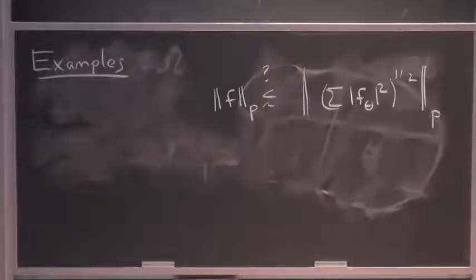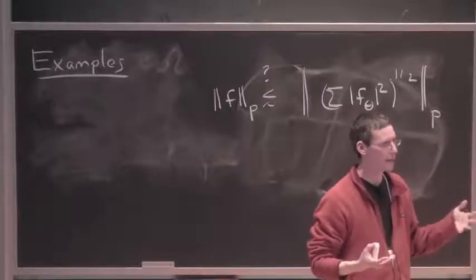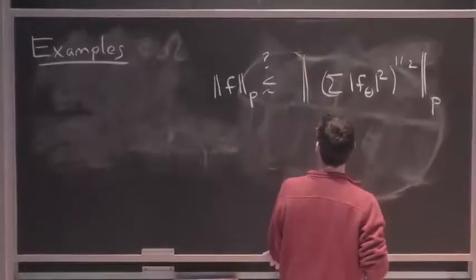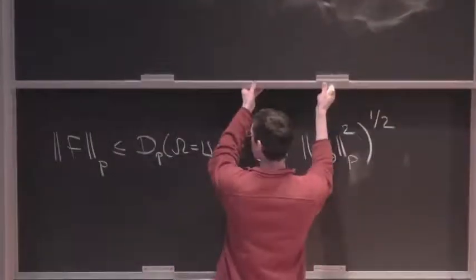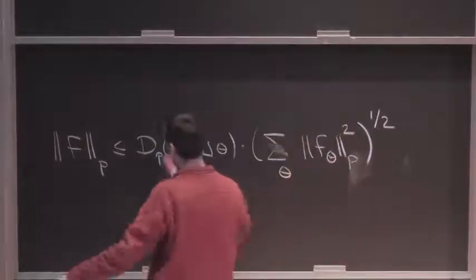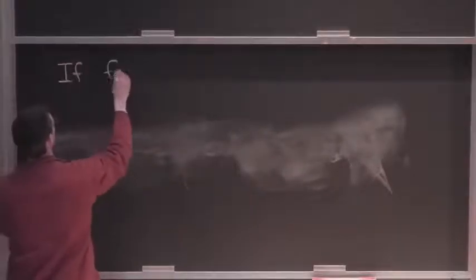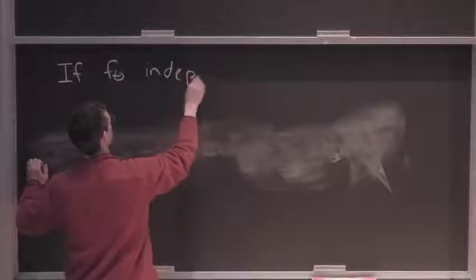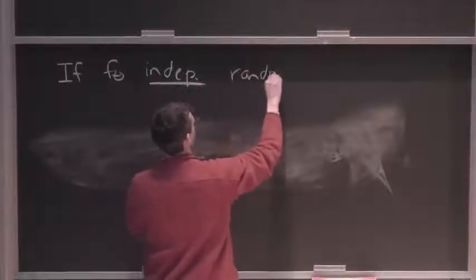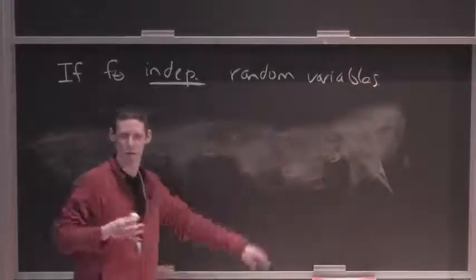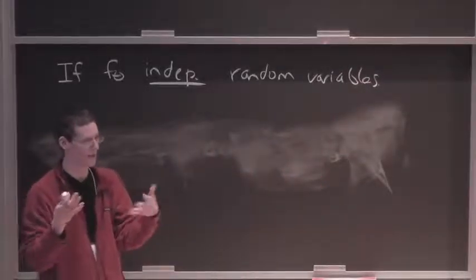So where did this thing come from? One way to think of it is as being a kind of pseudo-random condition. So as a model to keep in mind, what would happen if the f sub thetas were independent random variables? Which they're certainly not, because it's very difficult for many different smooth functions on R^n to be independent.